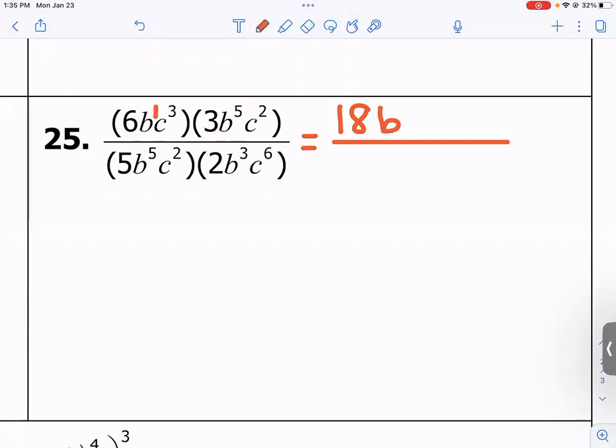Because we have b to the 1st times b to the 5th. We have to add our exponents when we multiply. Okay. So redemption here, Reagan. What about c cubed times c squared? There we go. Holden, 5 times 2. Good.